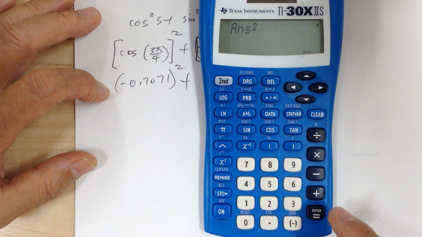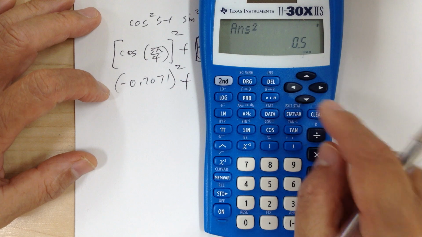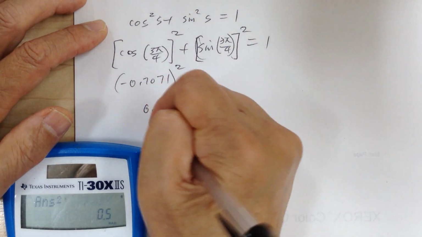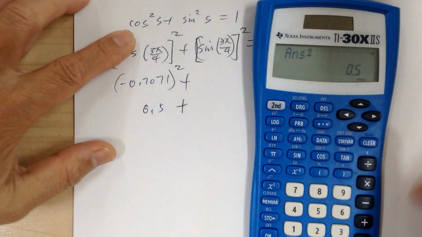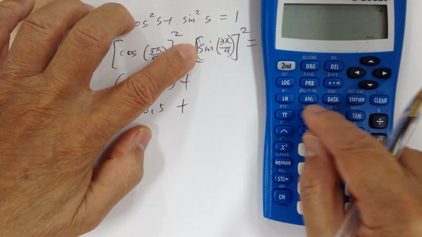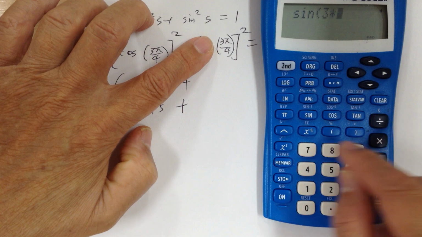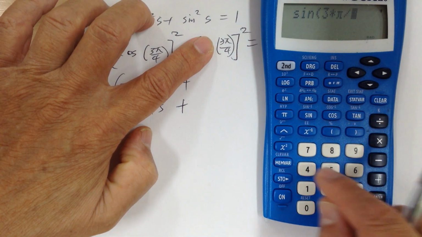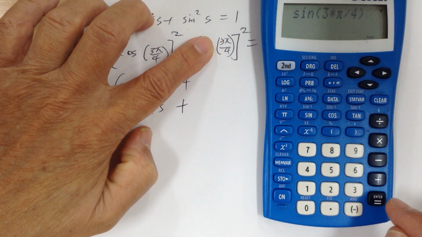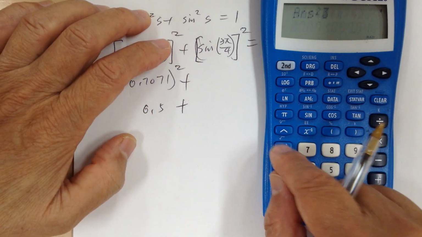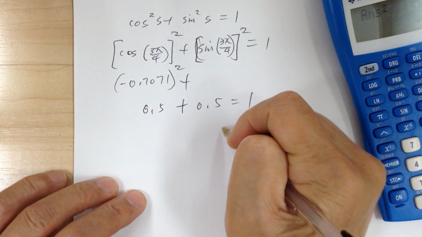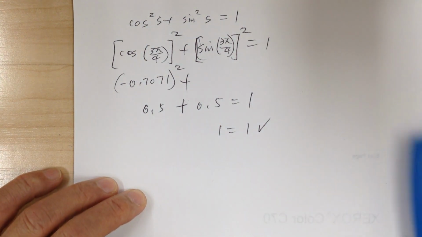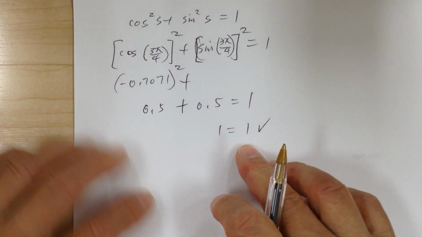So you just go and square that, and you're going to get 0.5. Now over here, same thing. You're going to get sine 3 times pi divided by 4. Push equal, and again you square that. Push equal, you get 0.5. So you've got 1 equal to 1, and you put a check mark. So that's how you verify.